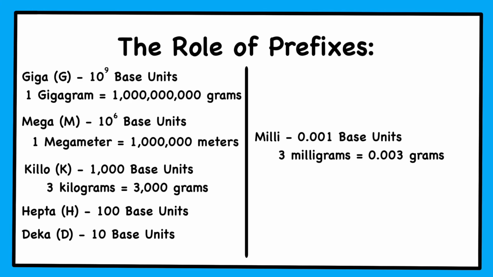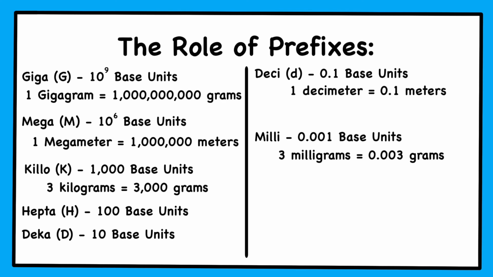That takes care of everything bigger than our base unit. Now let's work our way down to substances smaller than our base unit. A deci is represented by a lowercase d and represents a tenth of a substance. So a decimeter is 1/10 of a meter, or 0.1 meters.